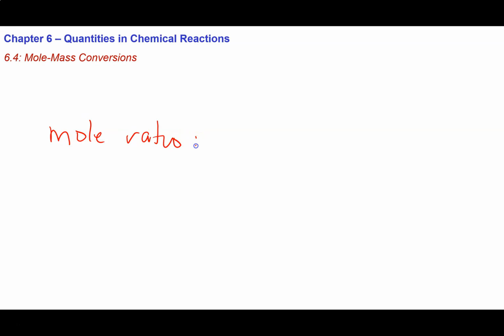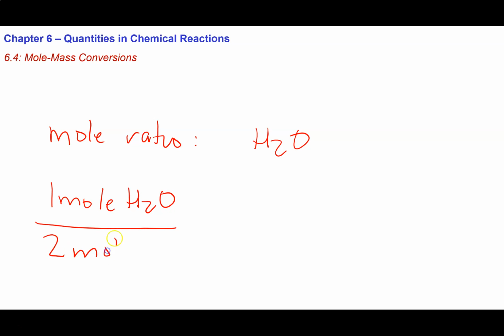So if I look at a formula like this one here, H2O, what this is telling me is a bunch of information, and interesting information. It's telling me that for every 1 mole of water molecules, I get 2 moles of hydrogen atoms, because there's a 2 in the formula there.